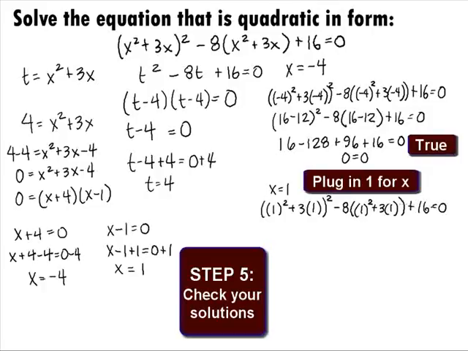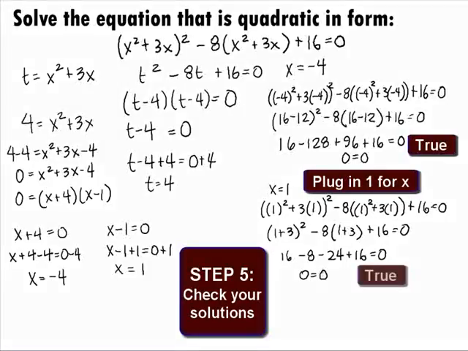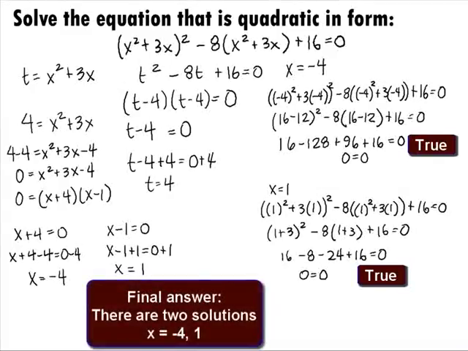This will give us, in the first parentheses, 1 plus 3, and that's squared, minus 8 times the second parentheses of 1 plus 3, plus 16 equals 0. This will simplify to be 16 minus 8 minus 24 plus 16 equals 0, which gives us 0 equals 0. Since this is a true statement, that means x equals 1 is a solution to this equation. So our final answer is x equals -4 or x equals 1.